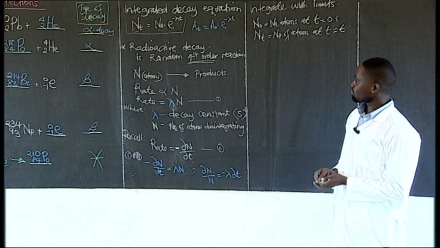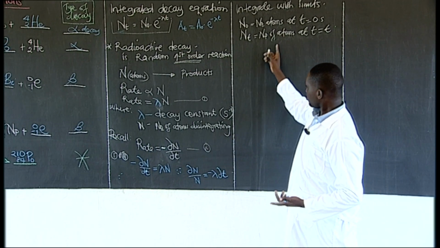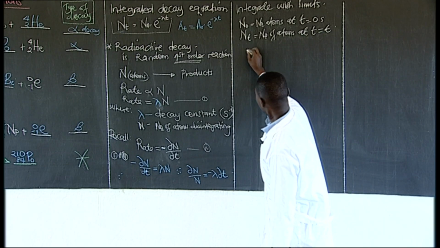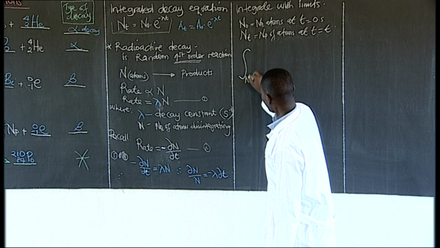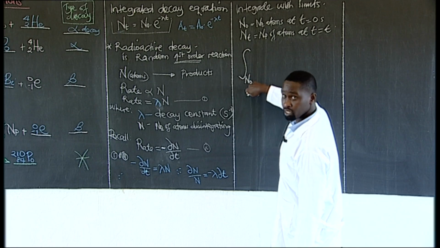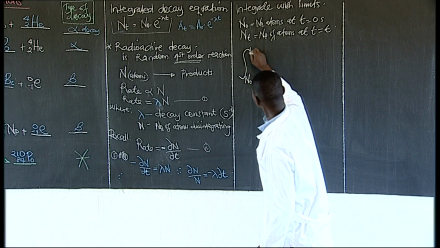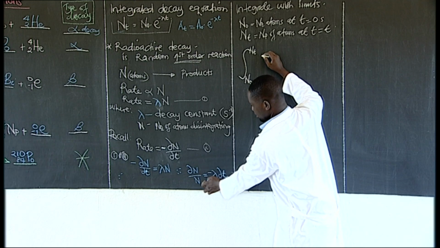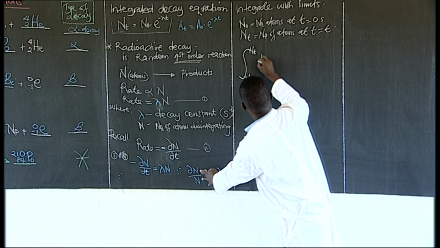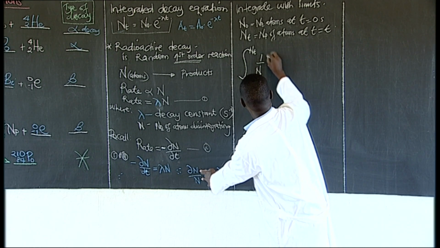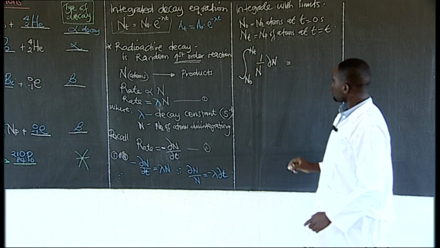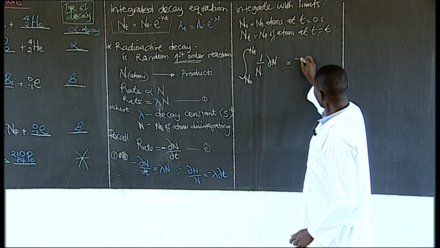The limits. So if we integrate, putting in limits, you'll find you have from N naught, the lower limit, to Nt, the upper limit, of 1 over N, change in N, equaling negative lambda.